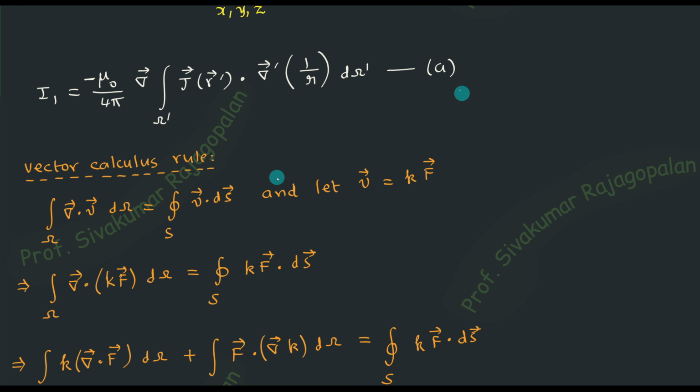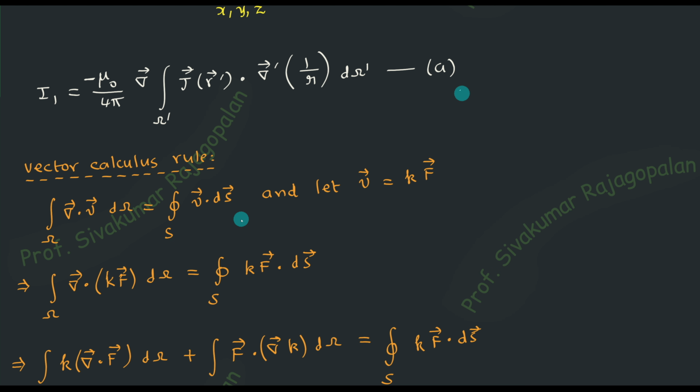Similarly, F will be replaced by J of r prime, and usually if you don't require del prime, then you can maintain the original del. But just now we have already converted with the del prime with a minus sign here. So because of this reason, in this entire expression, the del should also correspond to the del prime operator. That is what we are actually making.